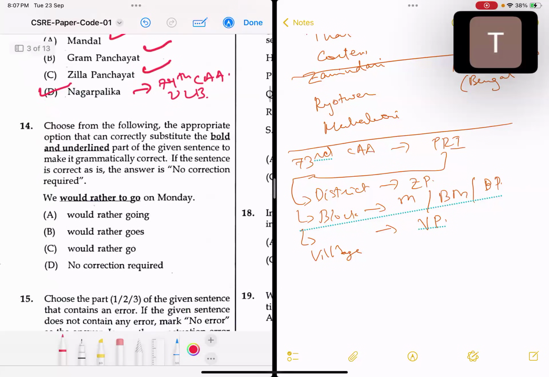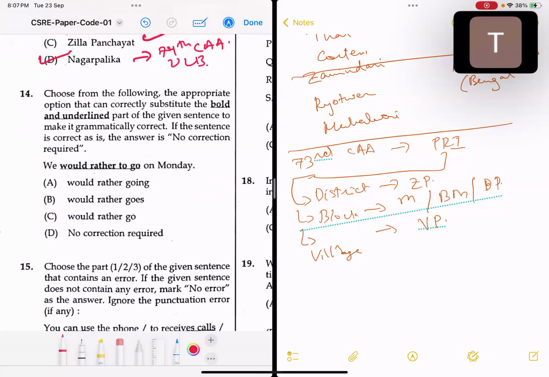Now, let's come to question number 14. It says here, so here there is a statement given here, okay? And a part of the statement has been underlined and bold. Now, we have to check whether that part of the sentence is grammatically correct, okay? If it is correct, then no correction is required, right? But if it is incorrect, then we have to substitute with the proper use of the verb, okay?